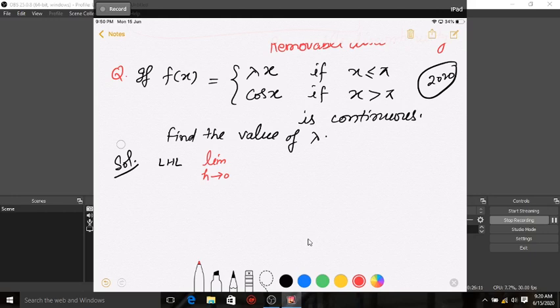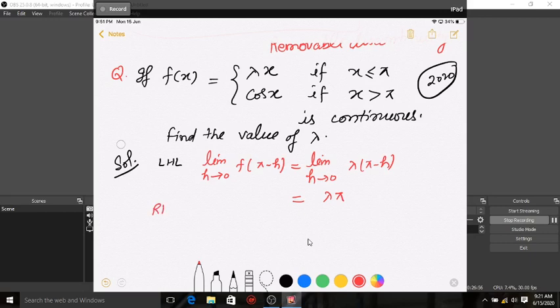So for the left hand limit, limit h tends to 0 f(pi minus h). Now, pi minus h is the value less than pi. So when x is less than pi, the expression used is lambda x. So limit h tends to 0 lambda times (pi minus h). Now you can see h tends to 0, so its value is lambda times pi.